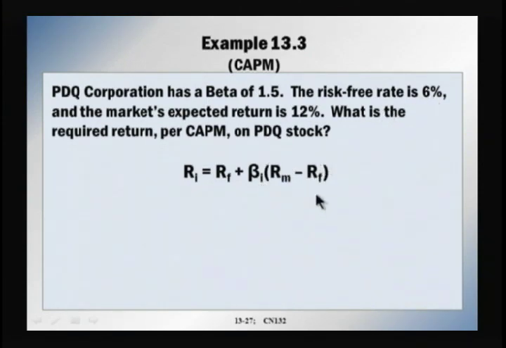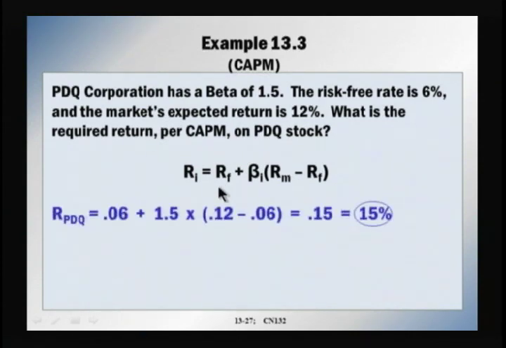So our market return of 12 minus our risk-free rate of 6 gives us a market risk premium of 6%. That's multiplied by the beta of stock I, which is 1.5. That product of 9% gets added on to the risk-free rate of 6% to produce the 15% required return on PDQ stock.